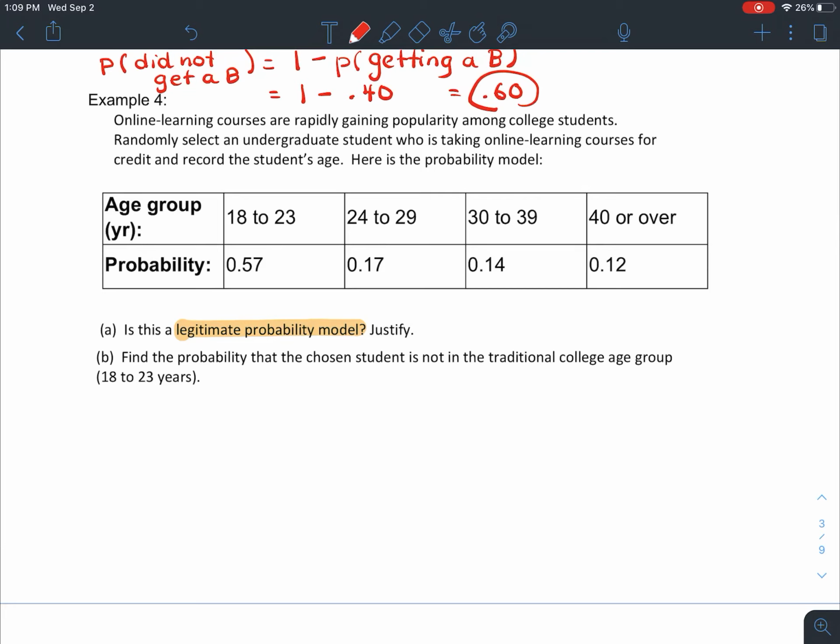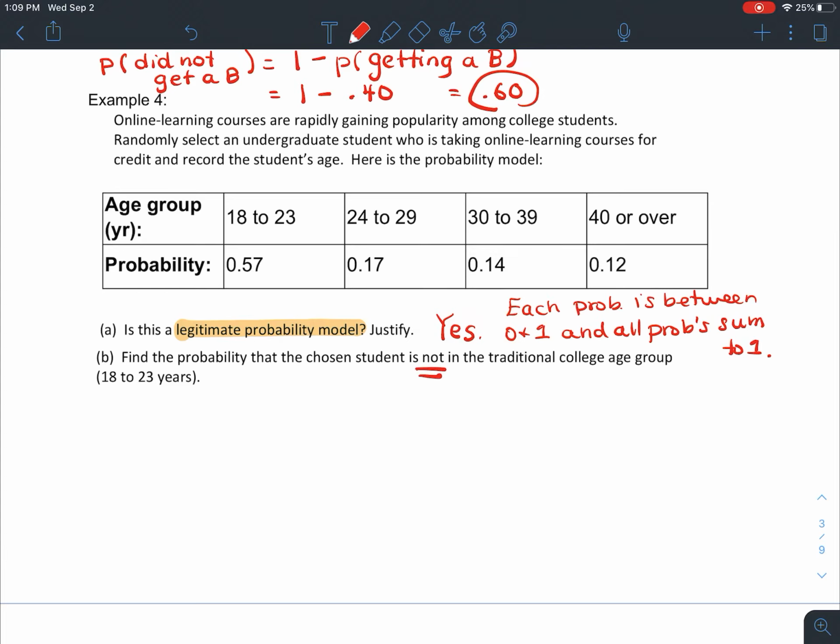Again, we start with the question, is this even a legitimate probability model? I see these are all between 0 and 1. If I were to add these up, they do all sum to 1, so I'm going to say yes. Each probability is between 0 and 1, and all probabilities sum to 1.